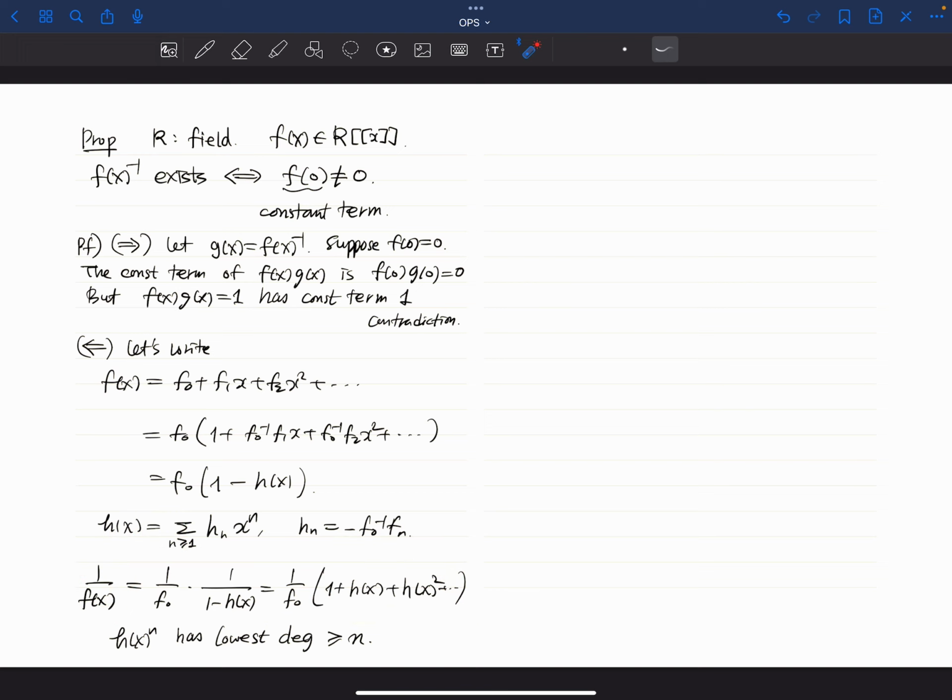So you look at just finitely many additions of formal power series, so you can compute this in finitely many additions and multiplications. So this is indeed a formal power series, and this is the inverse of f(x), because if you multiply by f(x) here, then you get 1. So that's the proof, basically.